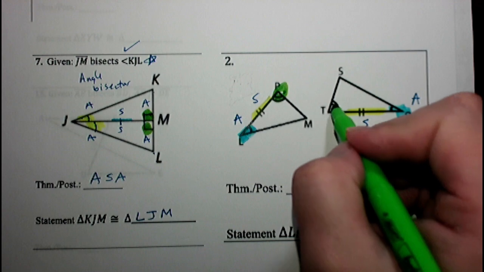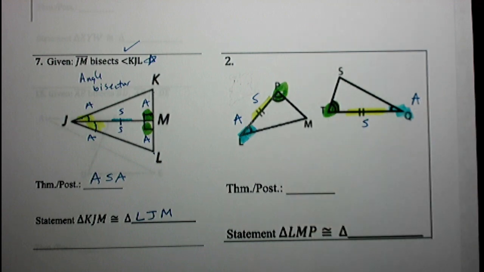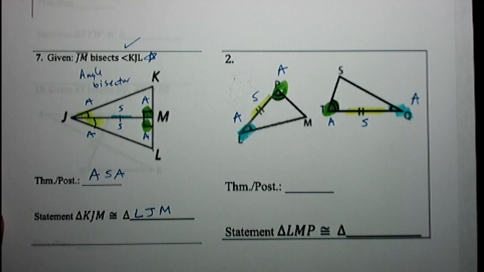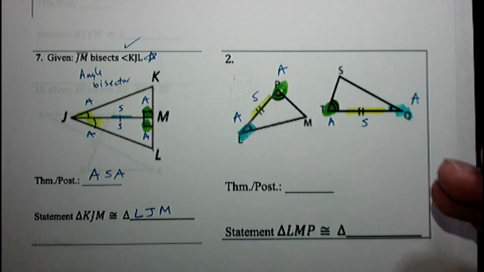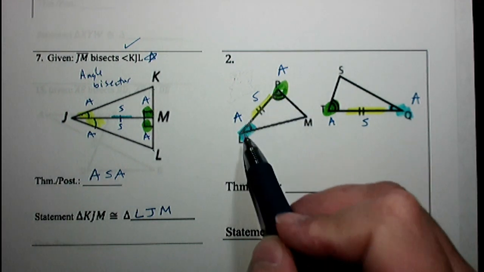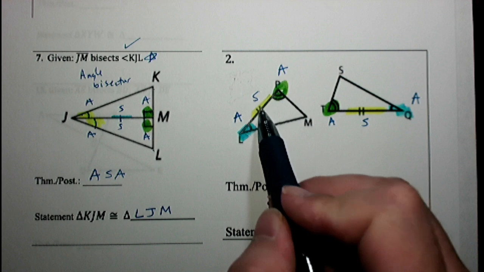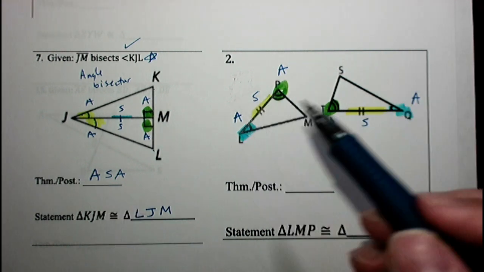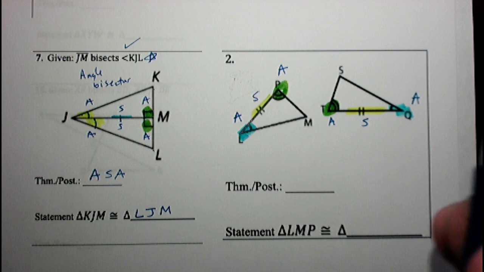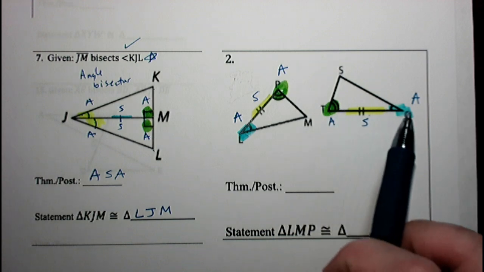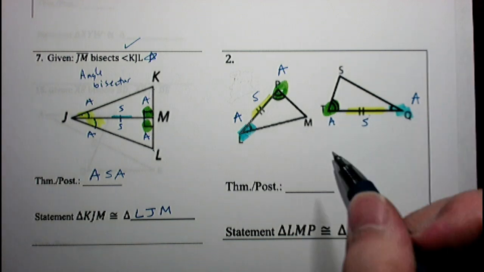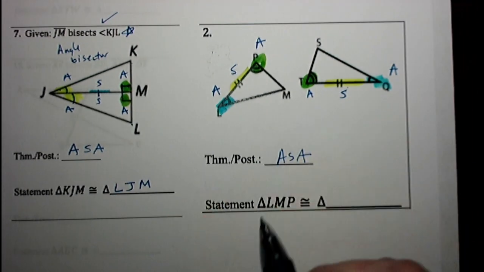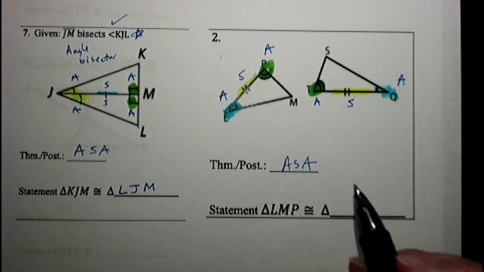And then this angle and this angle correspond and are congruent. So what do we have? We have ASA. So I'm starting with green, then yellow, then blue. And I have to follow that same direction with the other triangle. Green, yellow, blue. Angle, side, angle. So then we can write our statement here because these two triangles are congruent.